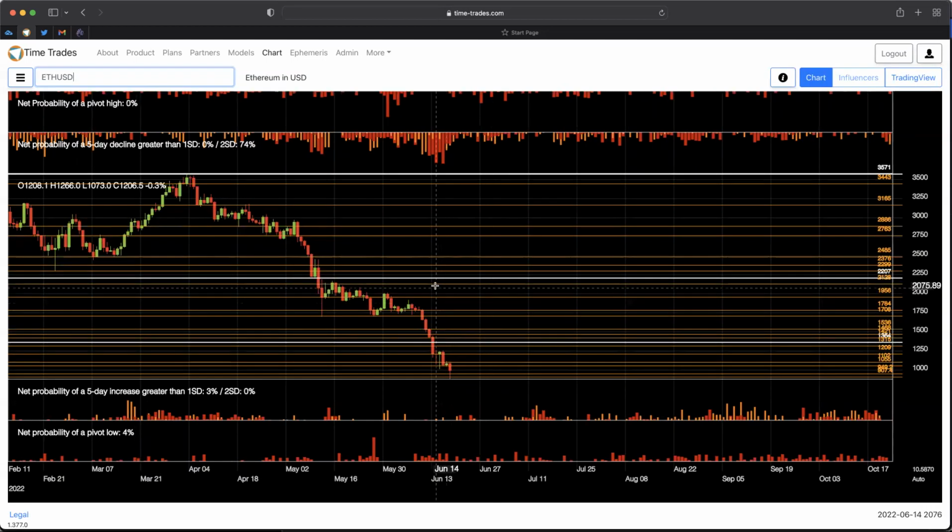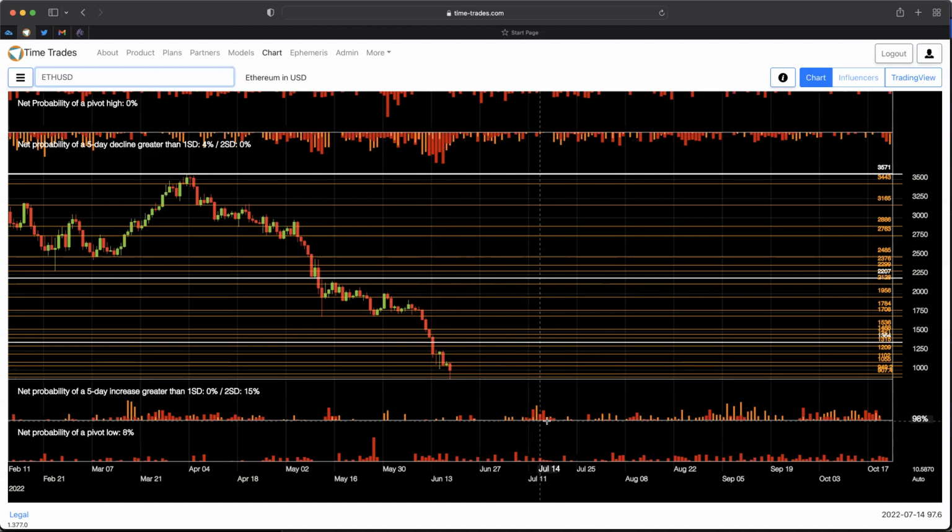Okay, Ethereum, what do we have here? Well, again, like Bitcoin, there's just simply a lot more activity on the down days than there is on the up days. Okay. And it looks like we've got a cluster of down days here coming up, heading into July 7th.